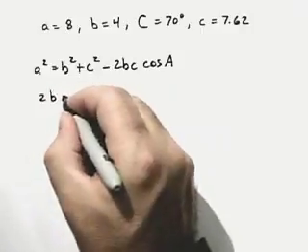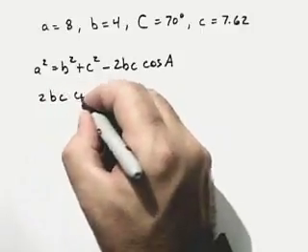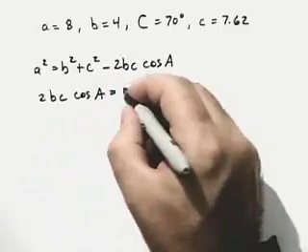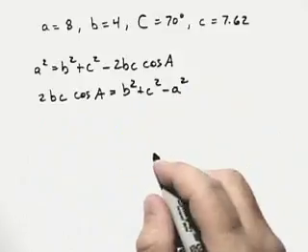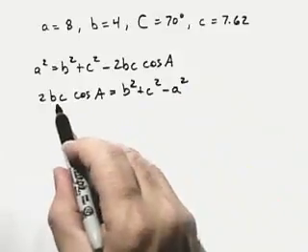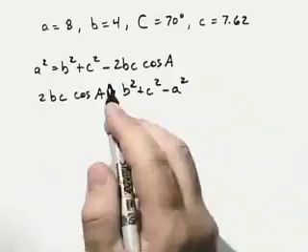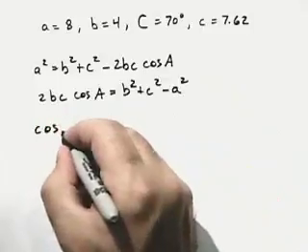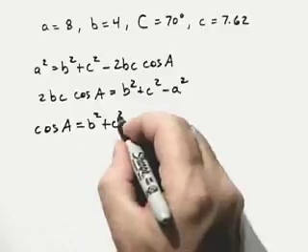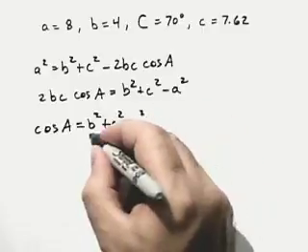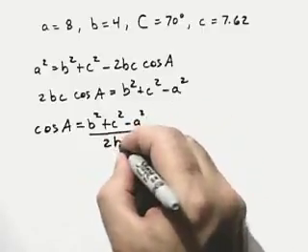We'll get 2 times B times C times the cosine of angle A will equal B squared plus C squared minus A squared. Next, we'll divide both sides by 2BC. So we'll have cosine of angle A is equal to B squared plus C squared minus A squared divided by 2BC.